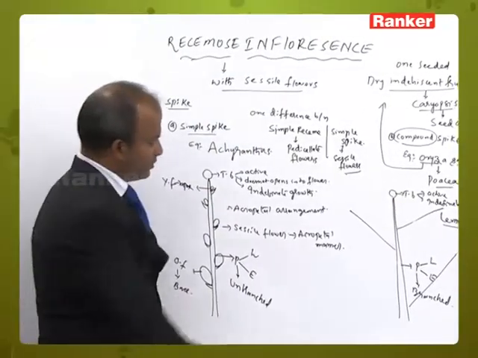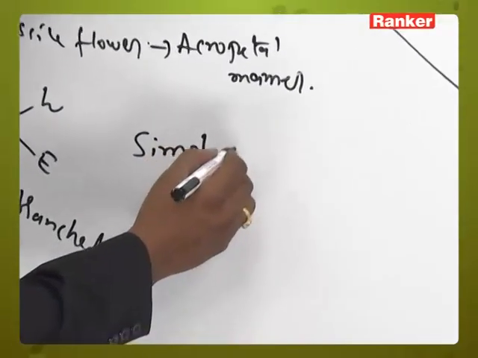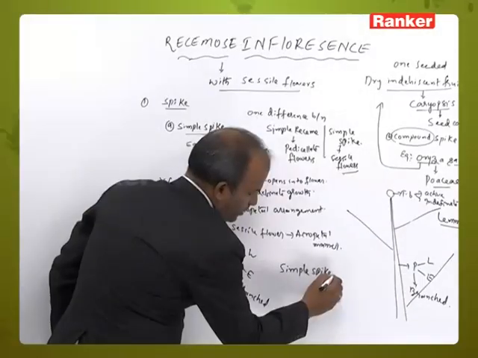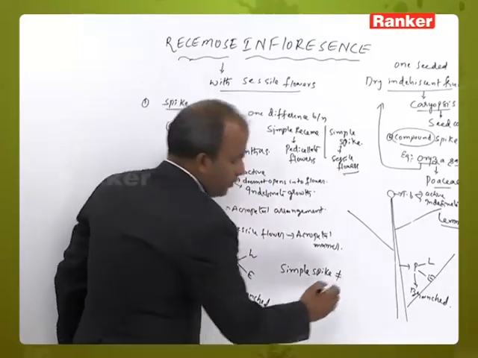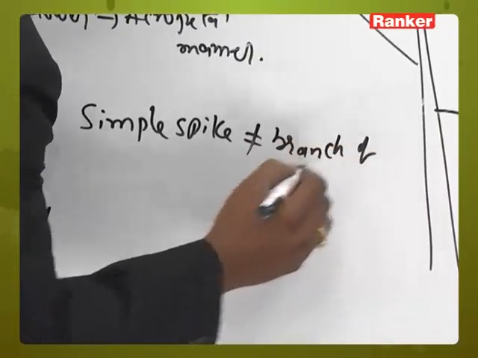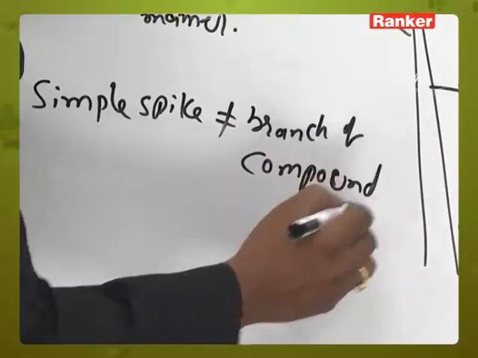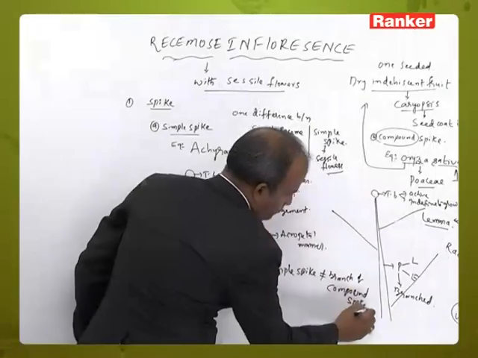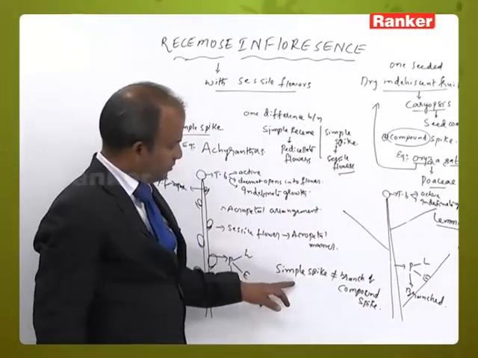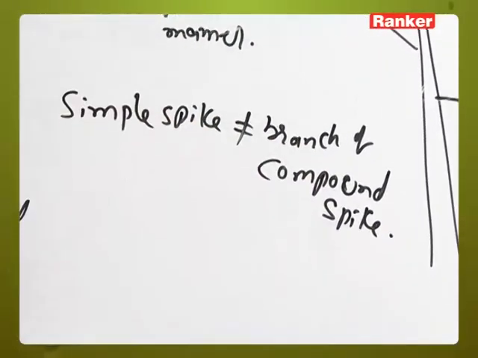No. That means a simple spike is not equal to a branch of a compound spike.